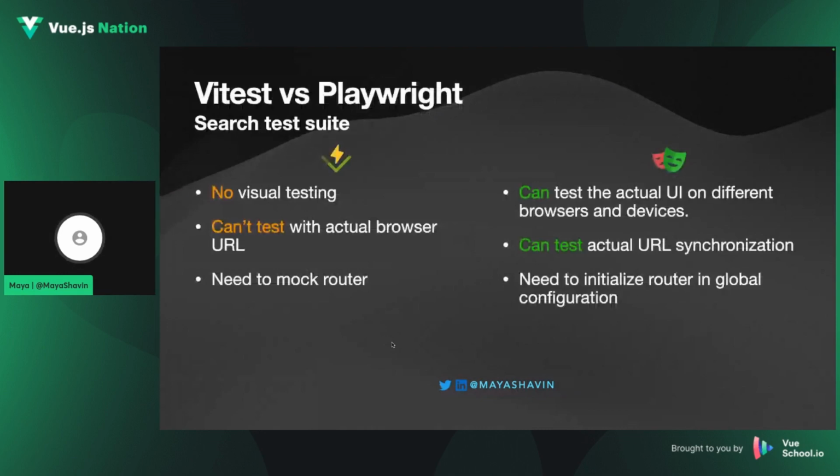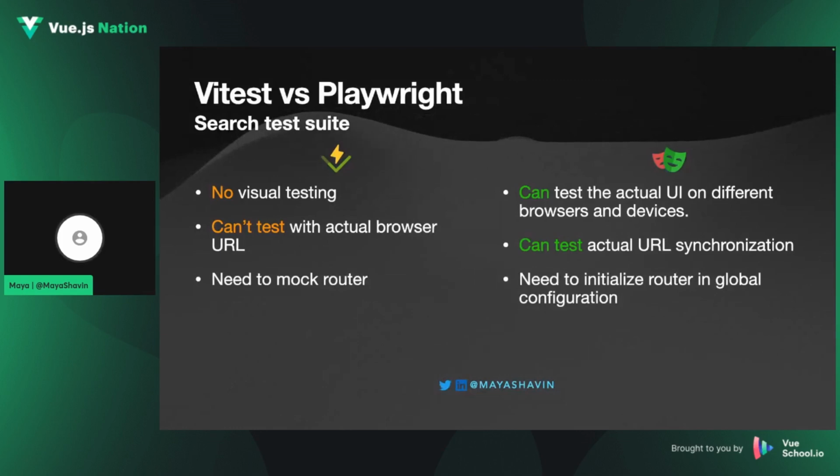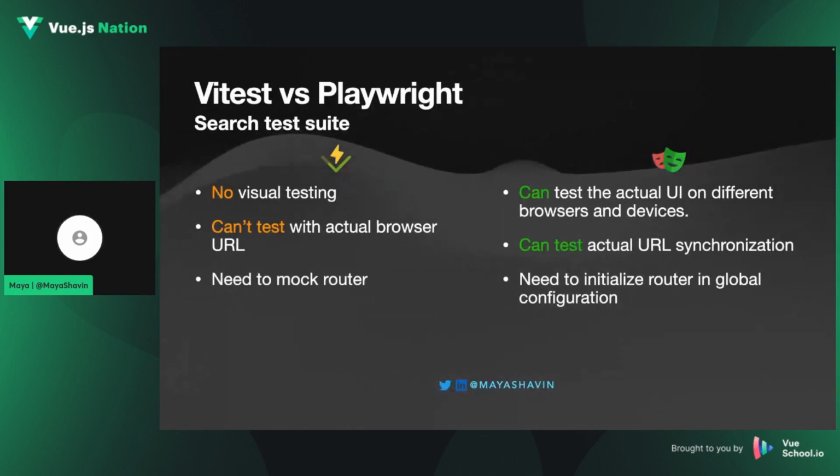So conclusion for the search component test. For Vitest and Test Utils, we don't have visual testing. We can test with actual browser URL. We need to mock the router. For Playwright, we can test the actual URL, actual UI on different browsers and devices because it's an end-to-end testing framework. So it offers you the experience of component testing in actual UI view.